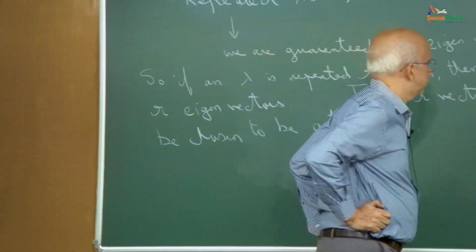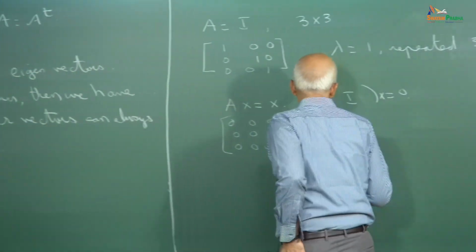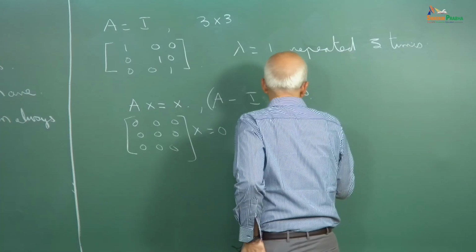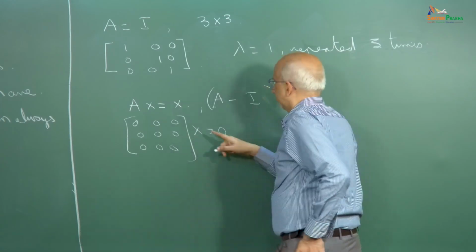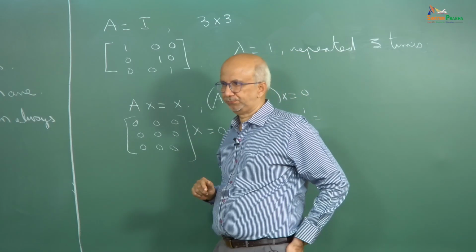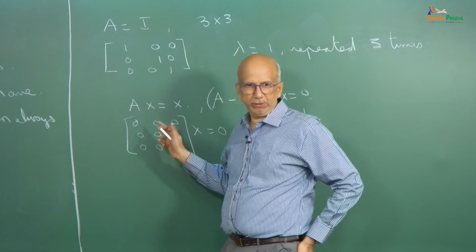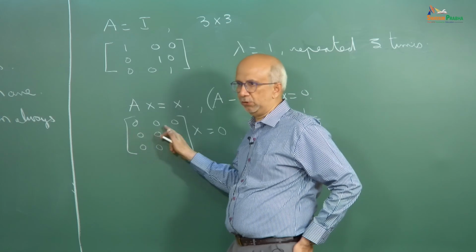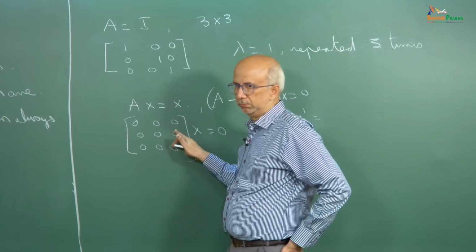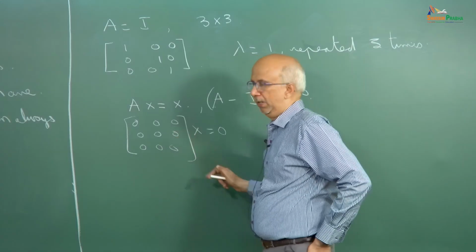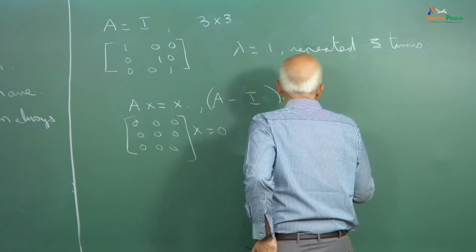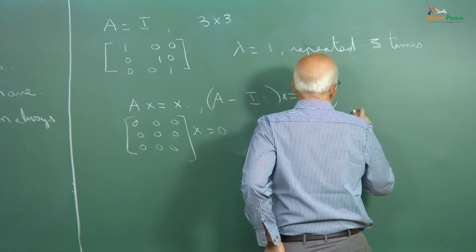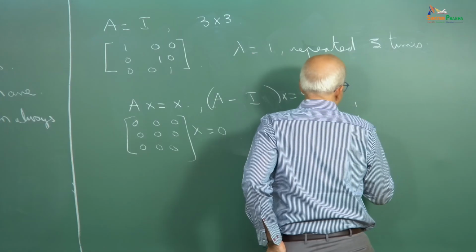Your first eigenvector will have some 3 coordinates. You can choose it to be anything you want, because you are going to multiply 0, 0, 0. So you can choose u1 to be 1, 1, 1, for example.